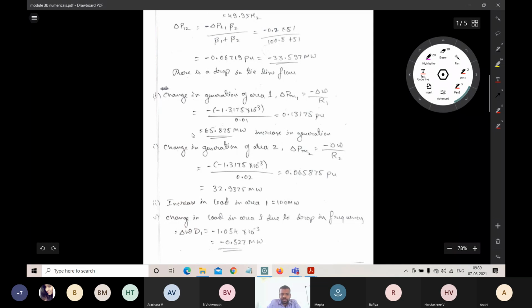We can observe here 65.875 plus 32.93, combined we get 100 megawatt. So this is how the system works.